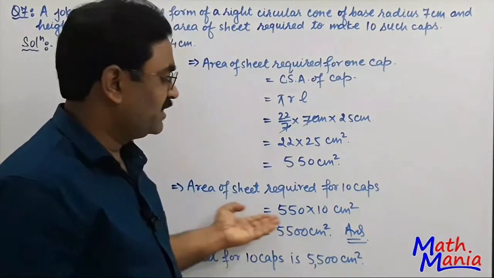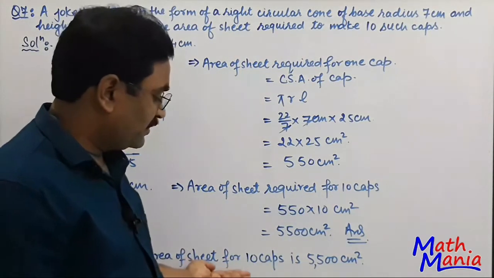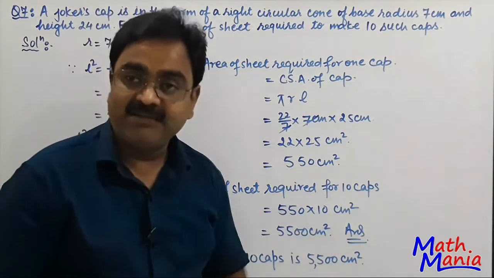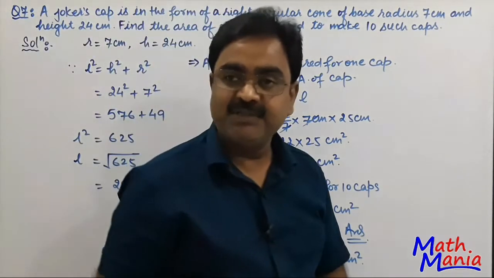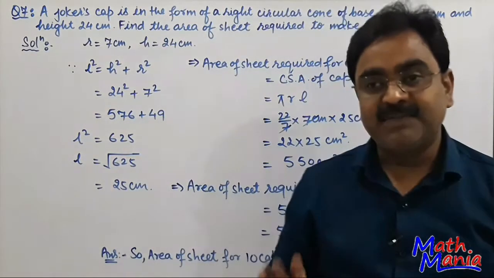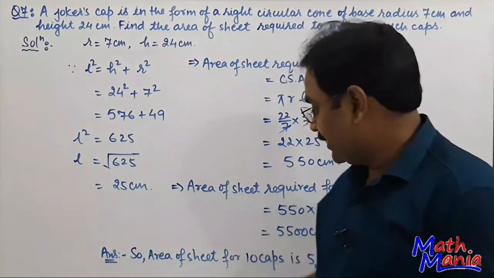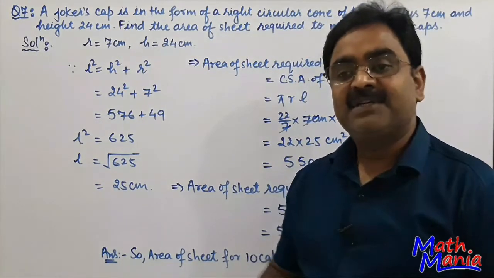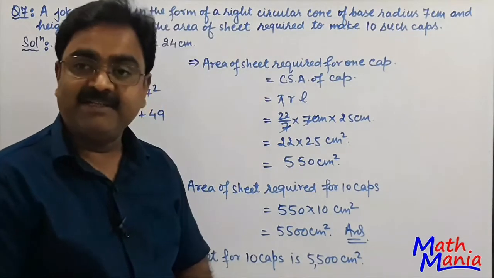So हमने क्या किया? इसमें 10 से multiply कर दिया and we got our answer. Area of sheet for 10 caps is equal to 5,500 centimeter square. Right friends? Any confusion? Once again I am saying, area of 10 such caps is equal to 5,500 centimeter square.